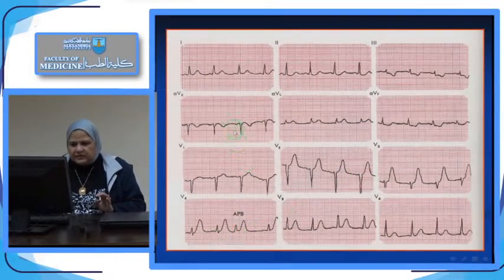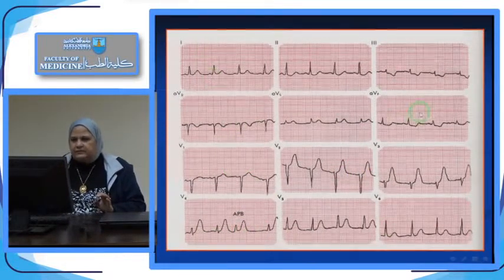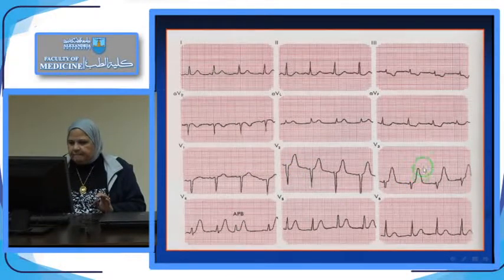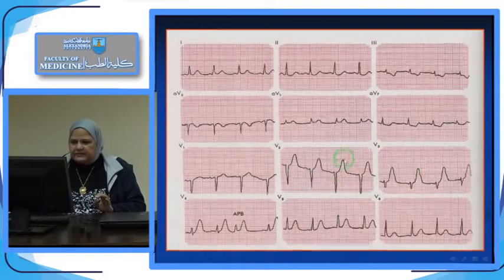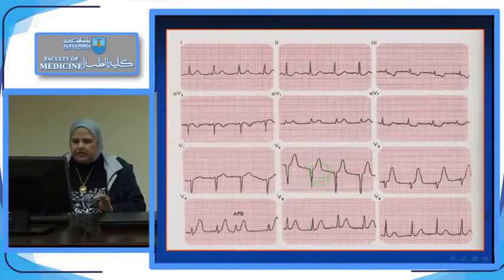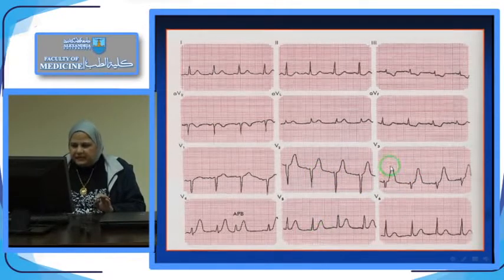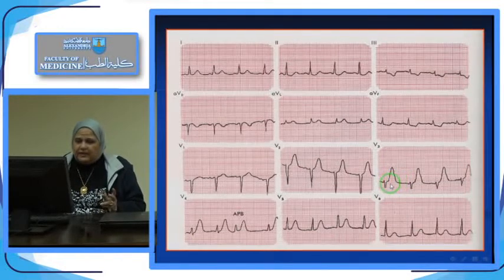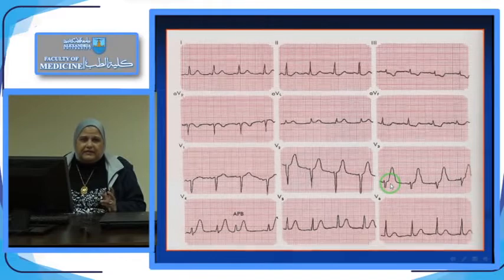What about changes in this ECG? Number one, the abnormality present in the T wave is in the form of peaked T wave as well as hyperacute T wave. What are the criteria of hyperacute T?